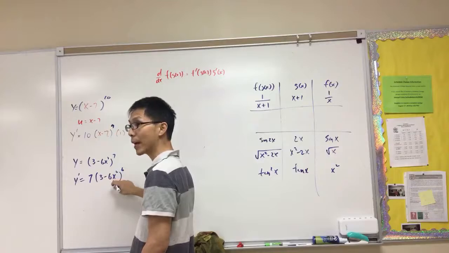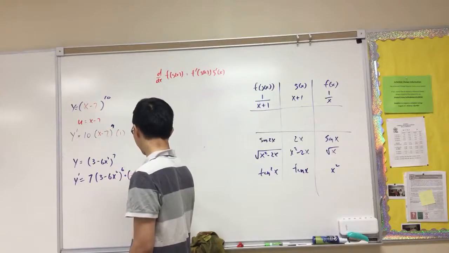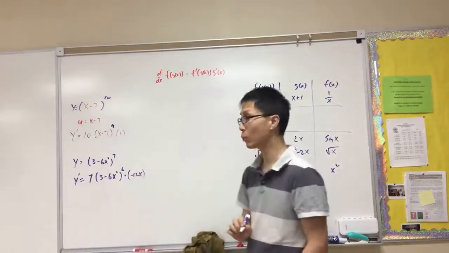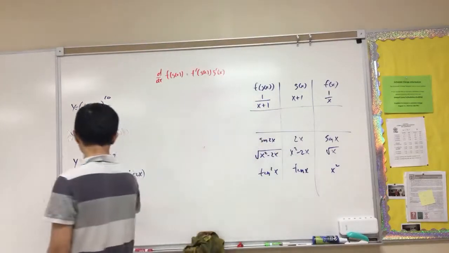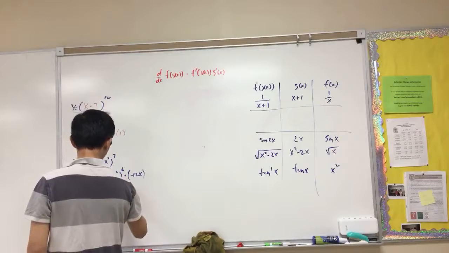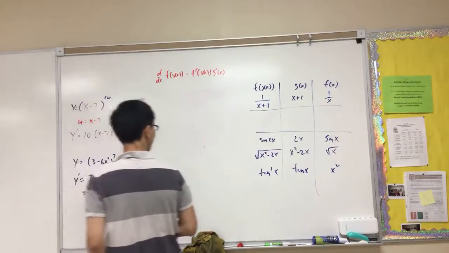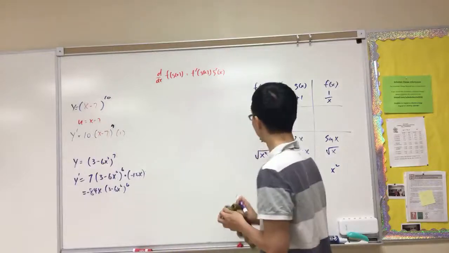What will be the derivative of the inside? Times negative 12x. And that's it? Well, you can simplify this: 12 times 7 is equal to 84. So it'll be negative 84x times (3 minus 6x squared) to the 6th power. Okay? Are we okay here?